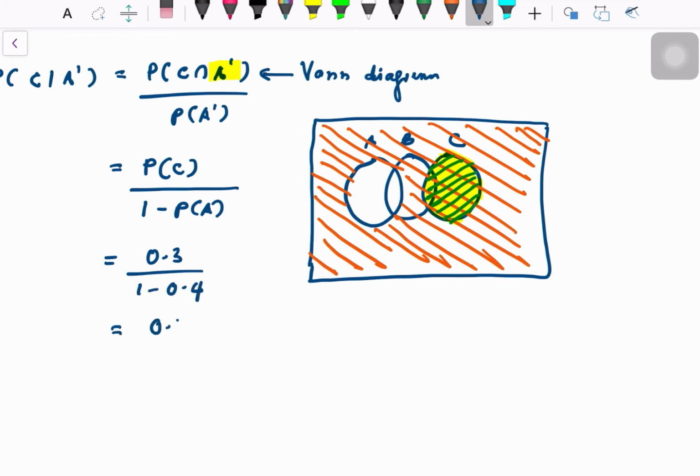So we have 0.3 over 0.6. Therefore, this will be equivalent to 0.5.